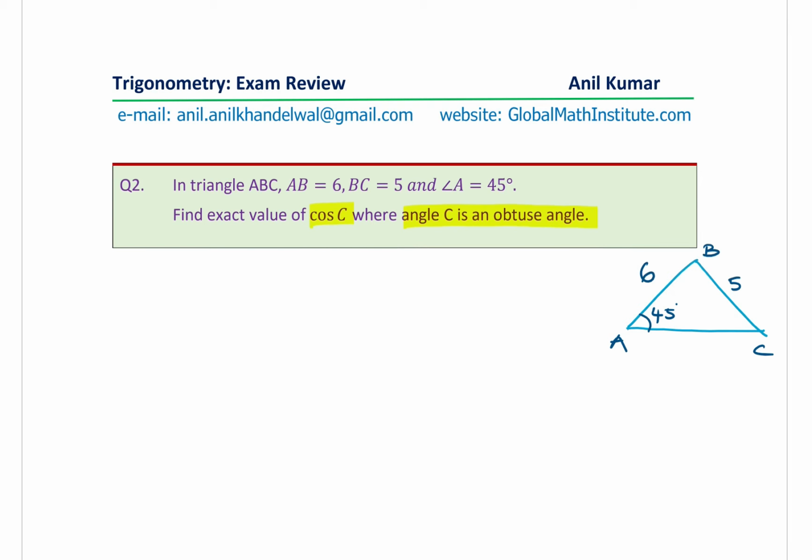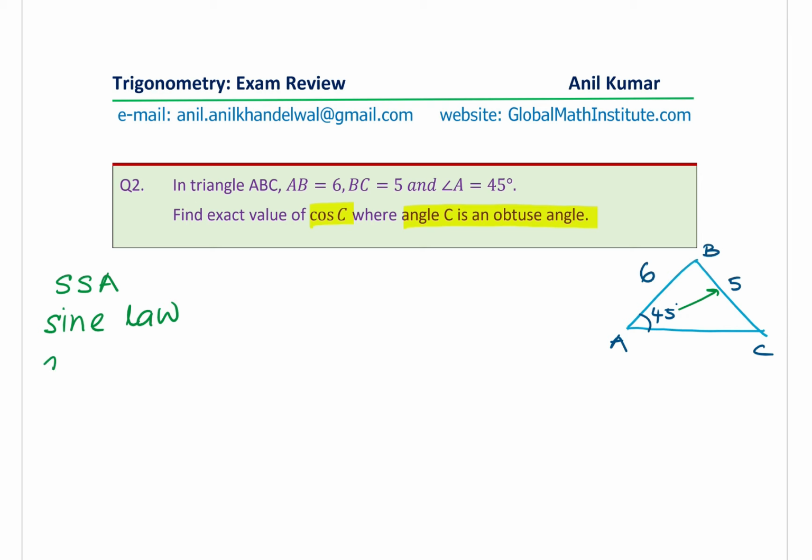That means we are given a side and an angle. So we have a combination of opposite side and angle. We can apply the sine law. Clear?